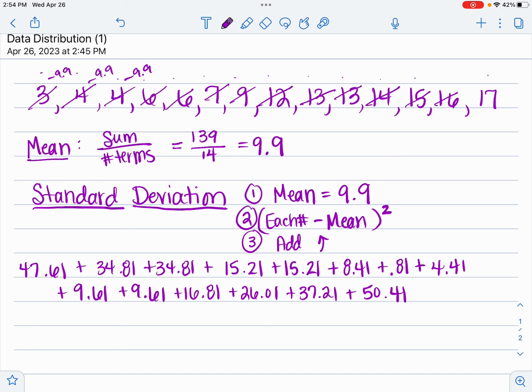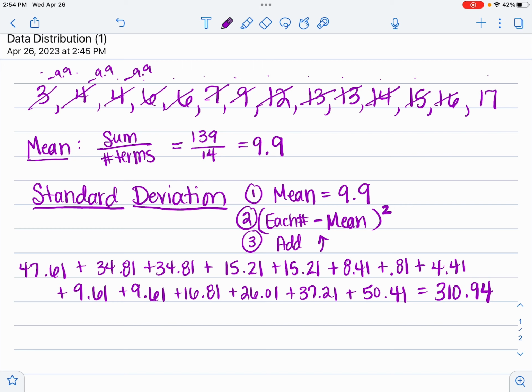Oh, my calculator's fixing to tell me no. 50.41. All right, so I added all those together, and again, hope to God that this is right. I got 310.94. Okay, so I just added all of that together, and again, that was step number 3.